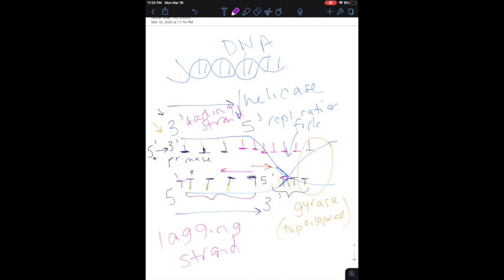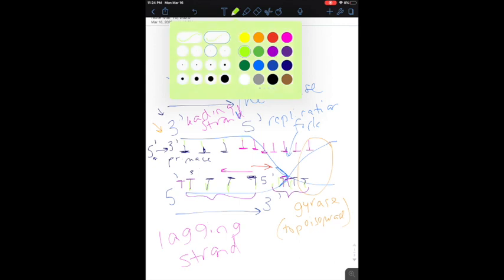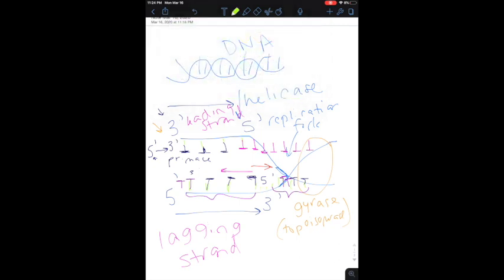And these fragments, see how there's space between them, right, where there were no nucleotides placed. That is called an Okazaki fragment.